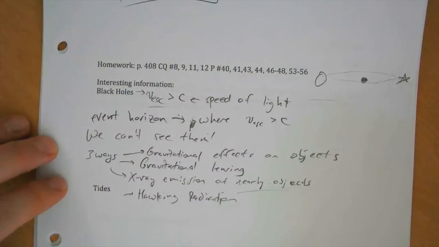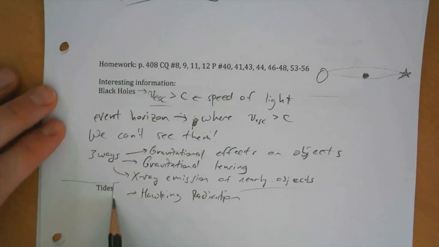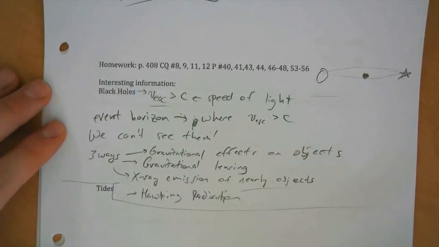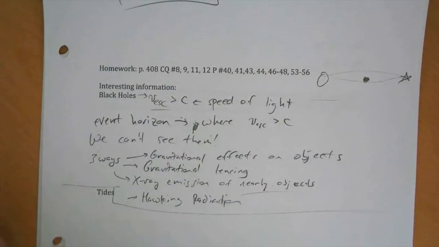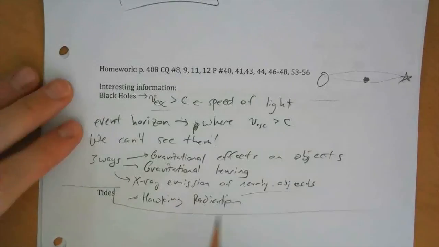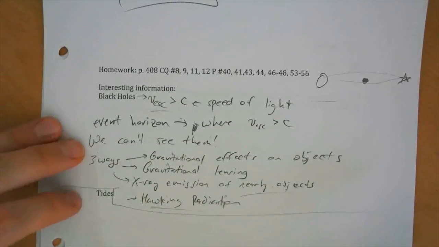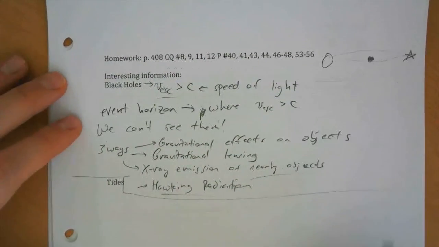Due to quantum mechanical effects that are beyond what I really understand, even though the escape speed of a black hole is greater than the speed of light, quantum mechanics is weird, and particles are emitted from black holes gradually over time via a phenomenon known as Hawking radiation. So you can detect that radiation.